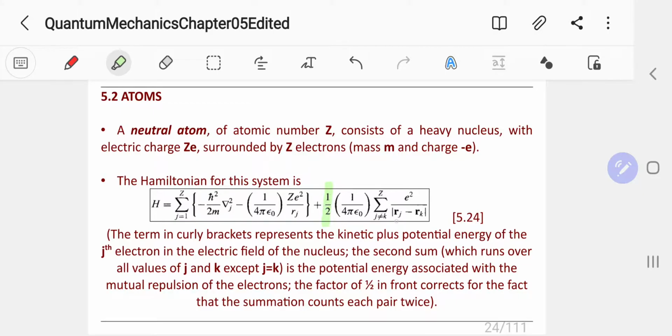So you have to have 1/2 here because of the repeated occurrence of the pair of electrons. In the first term, you have the index J here and the index J there.